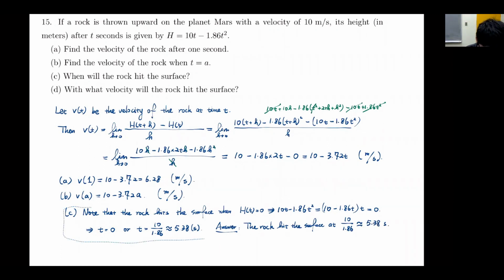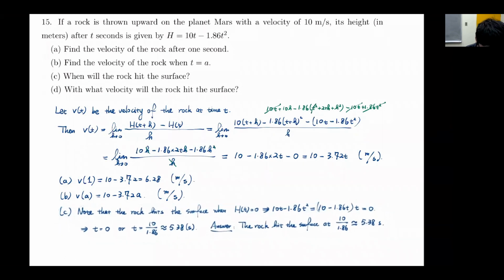Let me move everything to the left a little bit. For part D, all you need to do is plug in the time when the rock hits the ground and figure out what the velocity is. Do not plug in 5.38 here because that will make the computation much uglier.